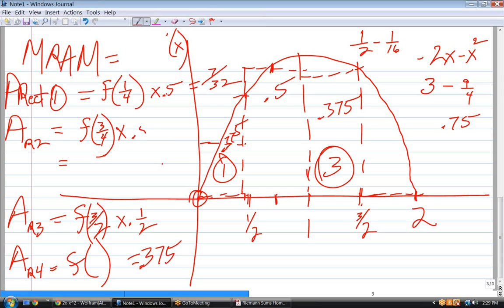Width is 0.5. And at f of 3/4 we get 6/4 minus 3/4 squared, which is 9/16. 15/16 times half, 15/32.